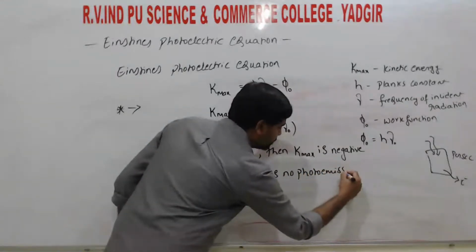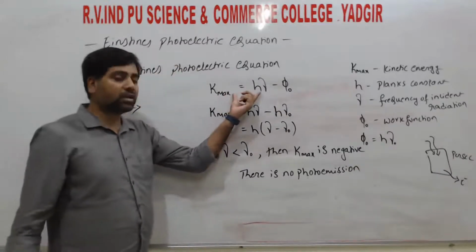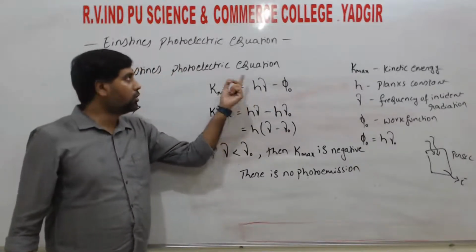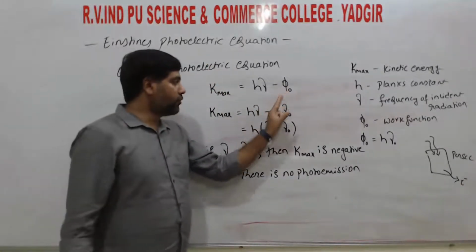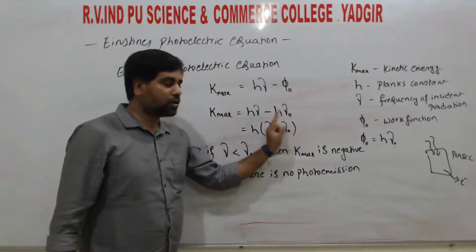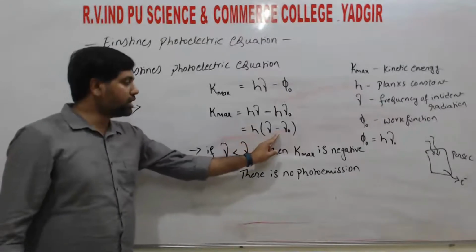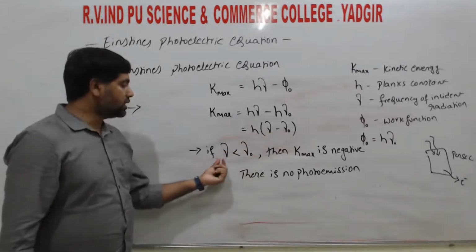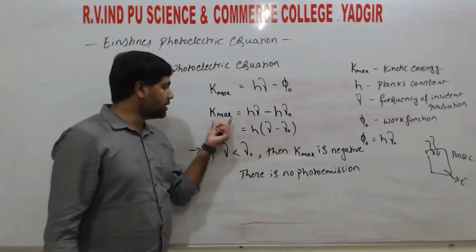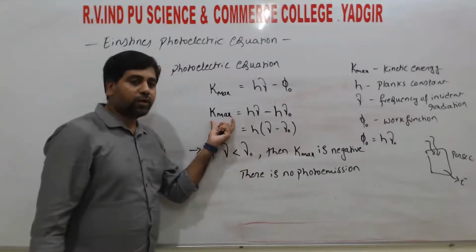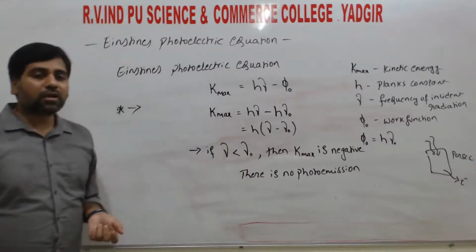So we are discussing the points based on the relation, that is the photoelectric equation given by Einstein, right? This work function can be written as h nu naught. In these two terms we have the common h, so nu minus nu naught. The condition is if the incident frequency is less than the threshold frequency, then this kinetic energy is negative. If the kinetic energy is negative, there will be no emission of the electrons.